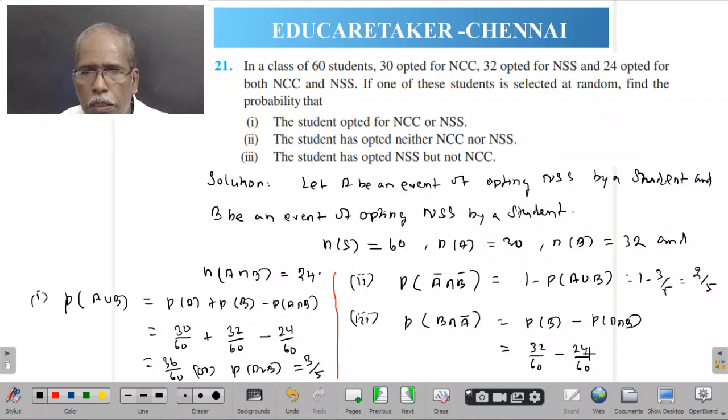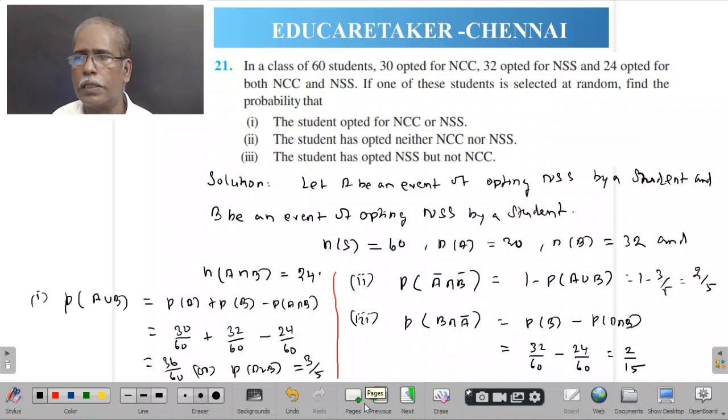So 32 minus 24 is 8, so 8 by 60 means 4 by 30 and 2 by 15. Clear? Finally 2 by 15. So this is the final answer.